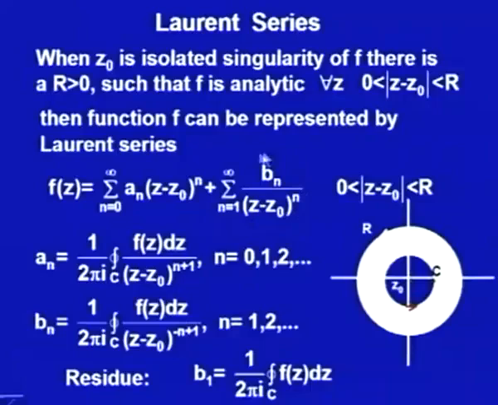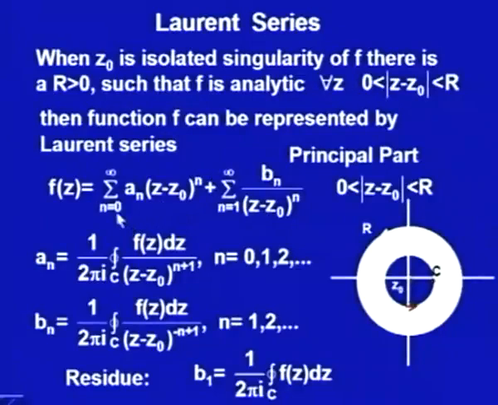The portion involving (Z minus Z naught) to the power in the denominator is called the principal part. Now, what have we come up with? We have come up with isolated singularities. We had shown that when we have an isolated singularity, the function can be represented in the form of a Laurent series.